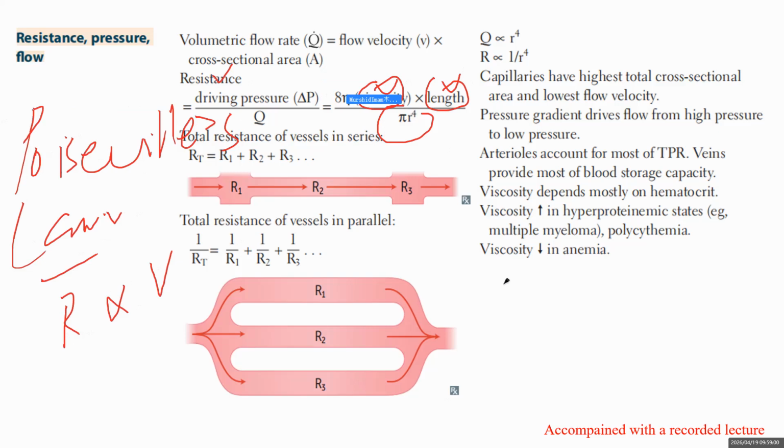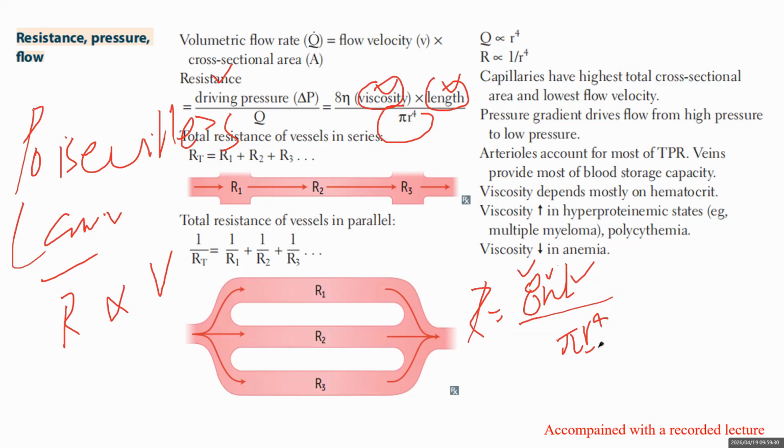According to Poiseuille's law, this can be written as 8 eta L divided by the radius to the fourth power. Here, 8 is the constant, eta is the viscosity, L is the length, and r is the radius.